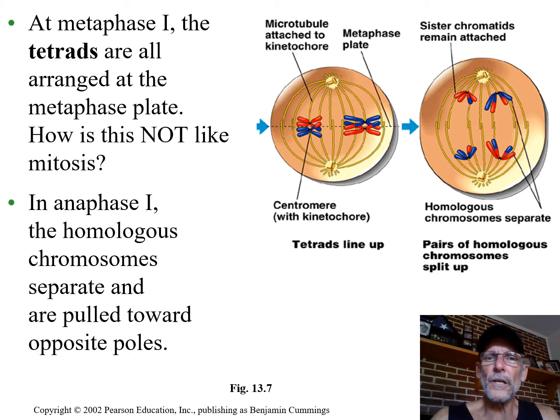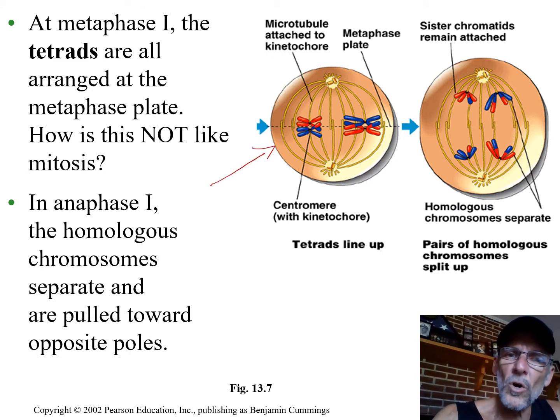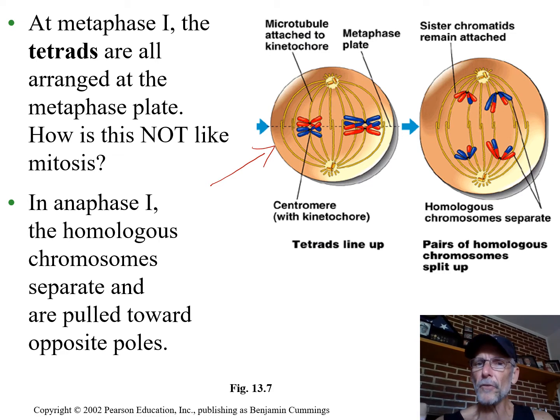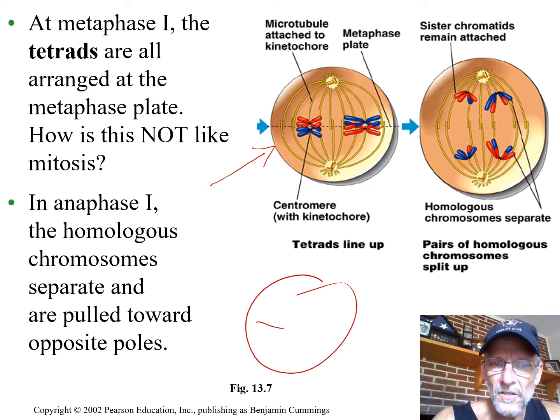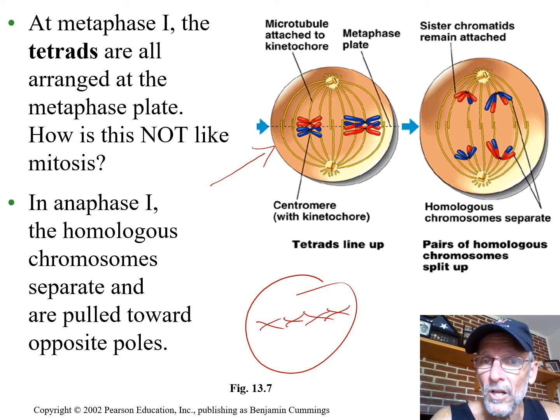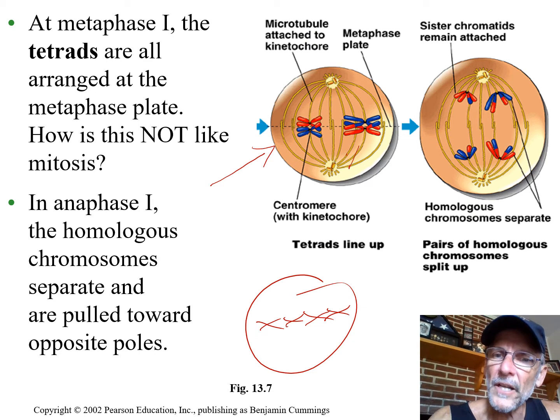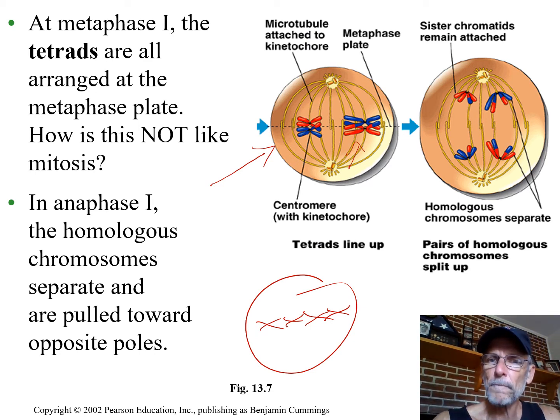So now, here's what I said about metaphase 1 of meiosis and how different it is than metaphase of mitosis, where these 4 chromosomes would be lined up, but they'd be lined up single file, right? Like this. We'd still have 2 little ones and 2 big ones. There would be homologous pairs in this cell, but they wouldn't be paired up like they are here in meiosis 1.